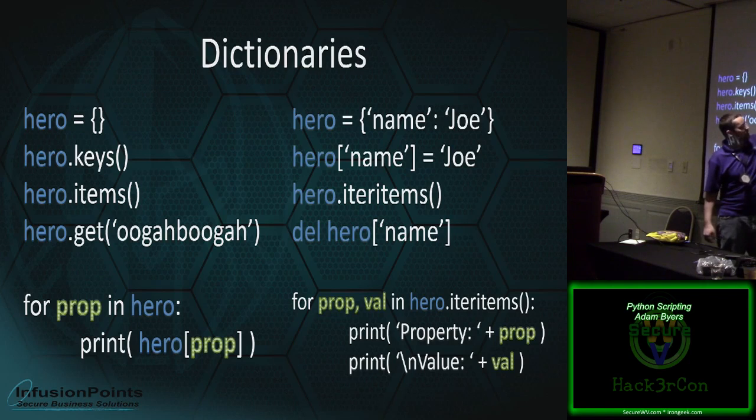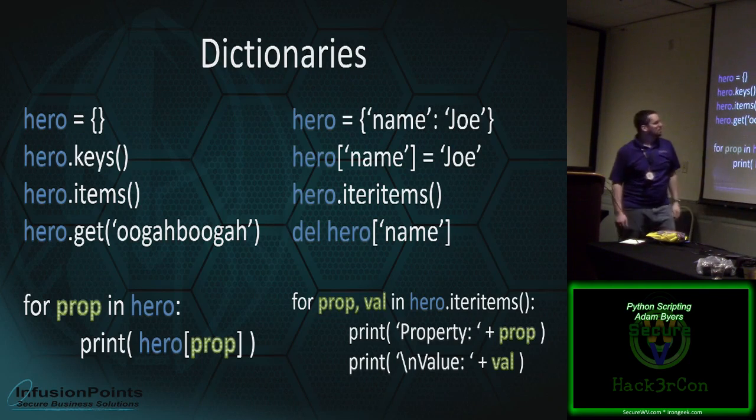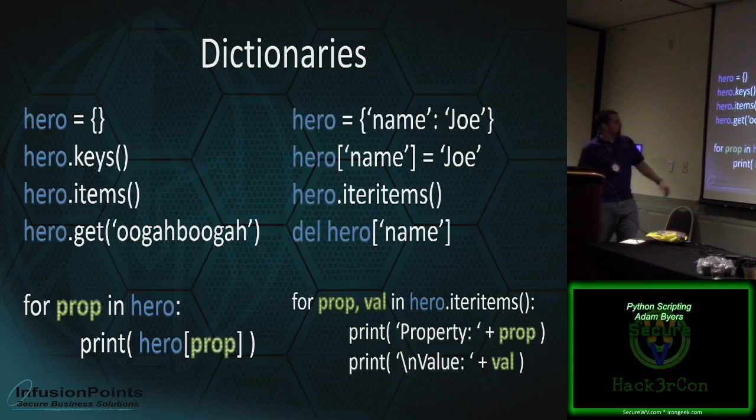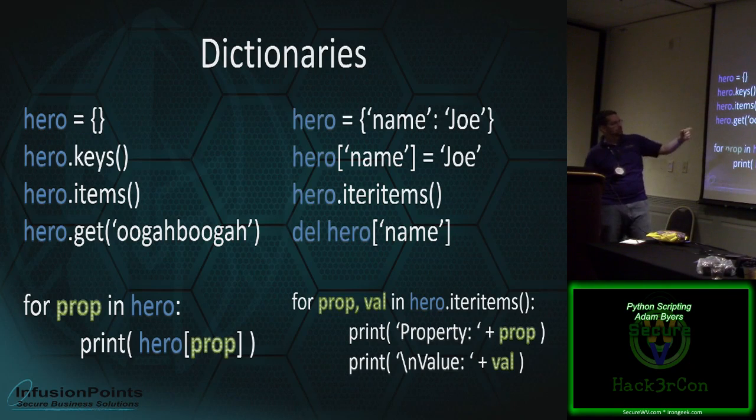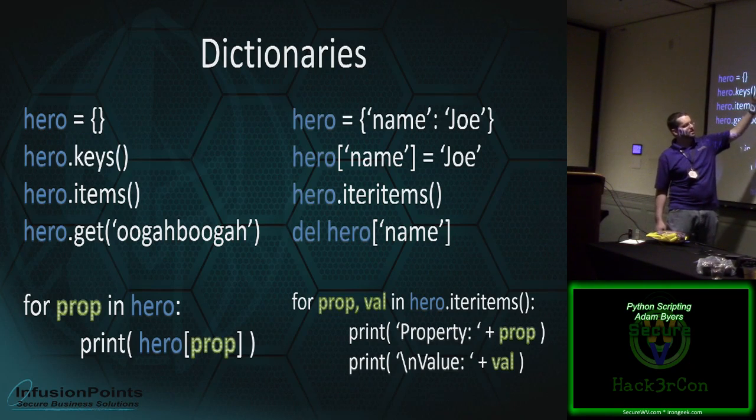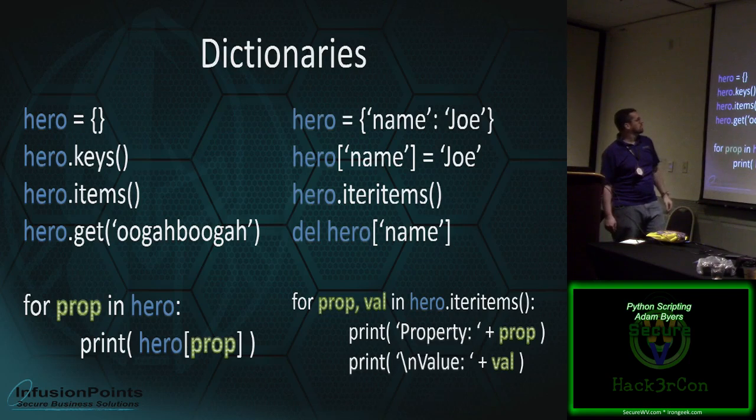So if you come over here and say hero name, it's going to tell you, well, this guy's name is Joe, right? And if you go through keys, it's going to give you, like name, age, all the first half of the entries, or the keys to that dictionary. This would be much better to demonstrate.